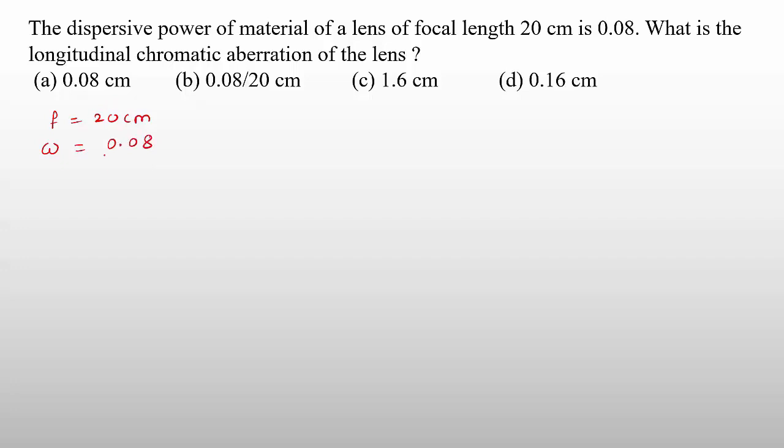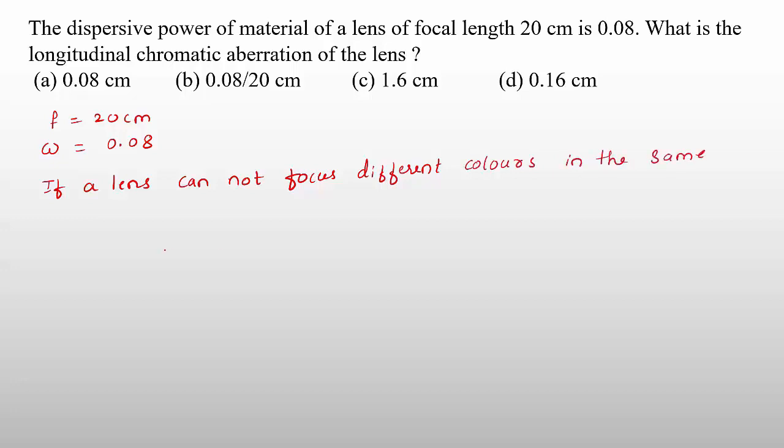So what does it mean? Remember, if a lens cannot focus different colors of light in the same focal plane, then we can call it longitudinal chromatic aberration. That means if a lens cannot focus different colors of light in the same focal plane, then we can call it longitudinal chromatic aberration, right?